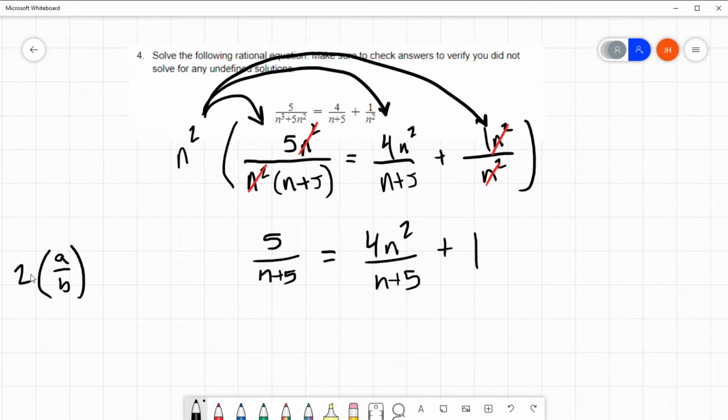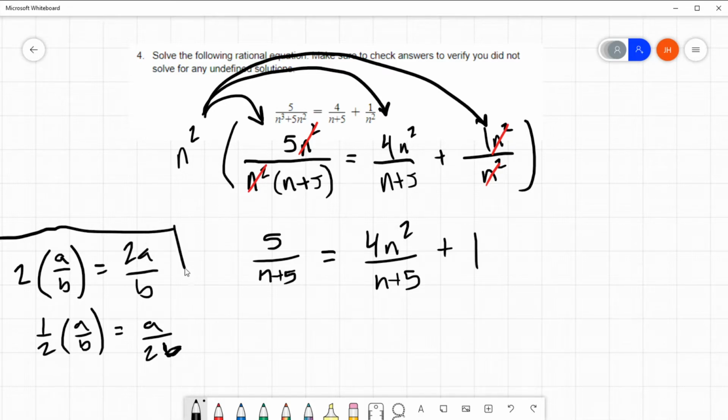If I had 2 times a over b, that only multiplies to the top. If I took 1/2 times a over b, then it would go to the bottom, right? Because the top is where things are multiplying, and the bottom is where things are dividing. That's a little side note.